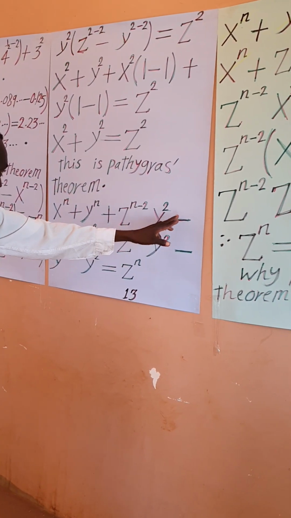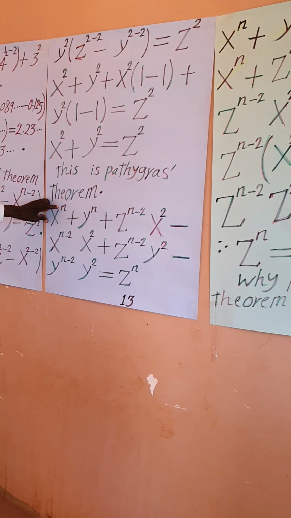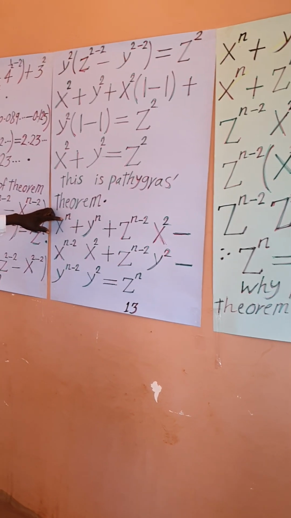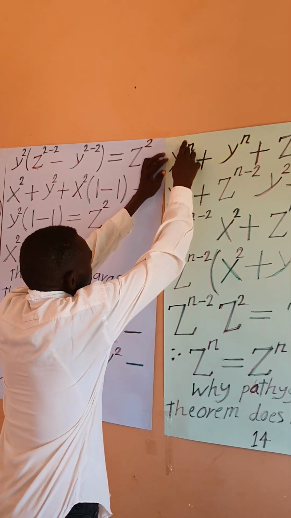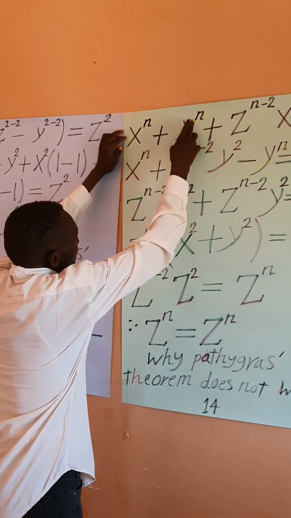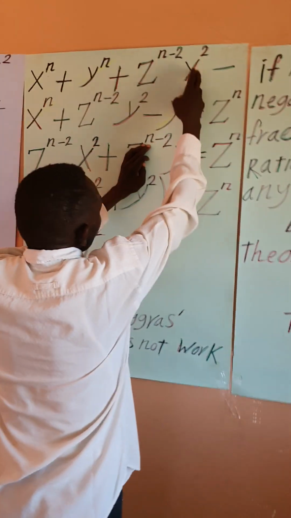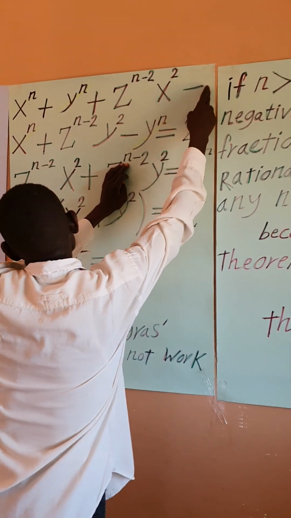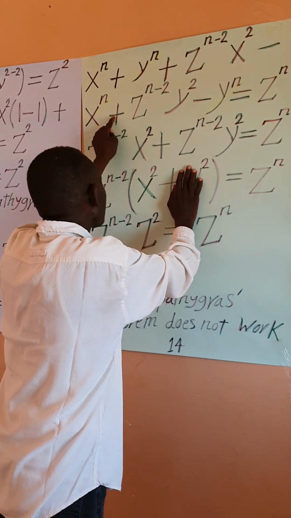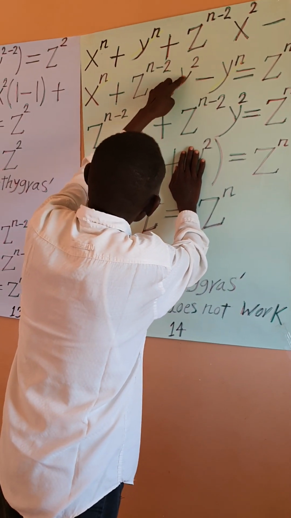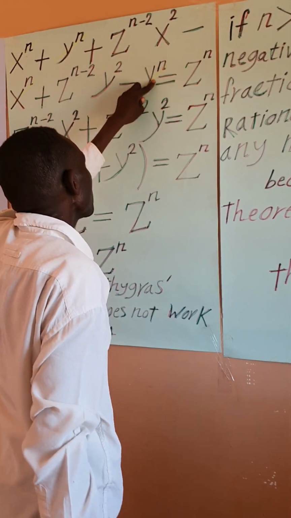If we consider, if we take x to n plus y to n plus z to n minus 2 x squared minus x to n plus z to n minus 2 y squared minus y to n.